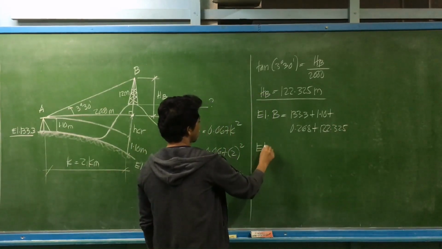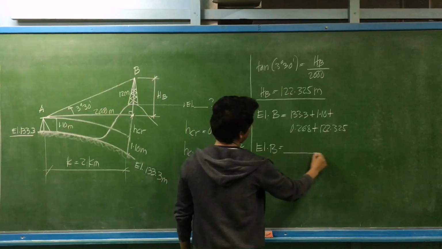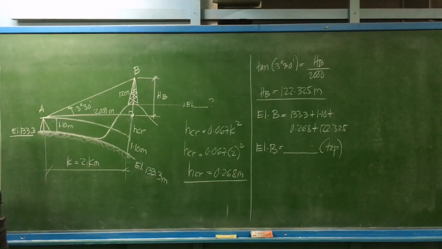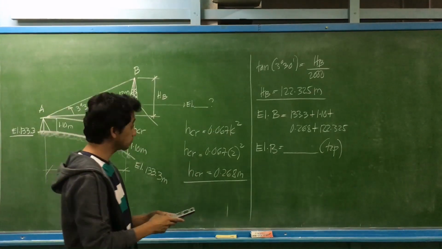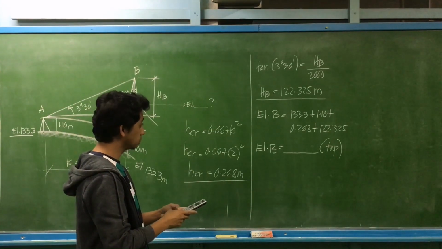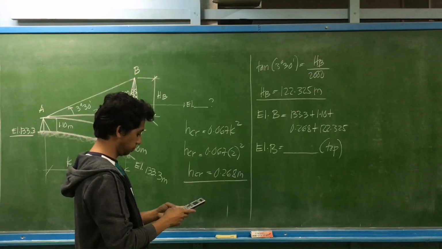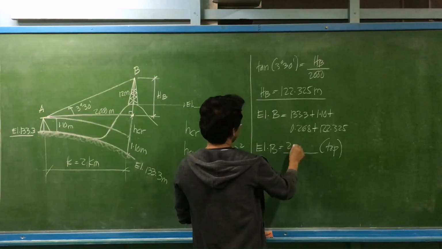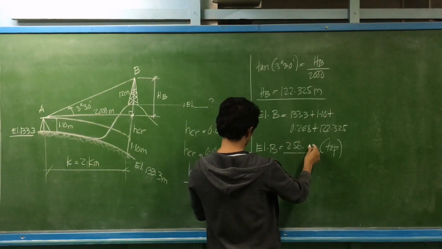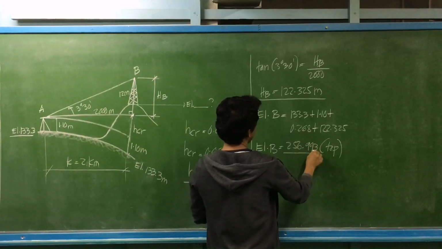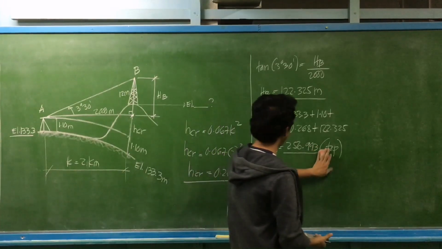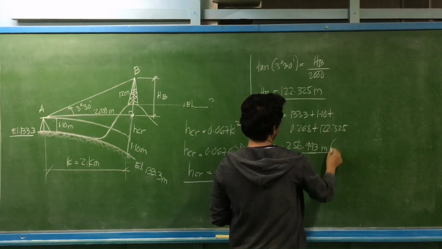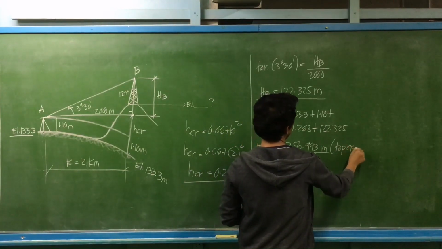So take note, this is yung elevation ng top of the tower. Okay, so we have the elevation equal to 256.993 meters. And this is for top of the tower.